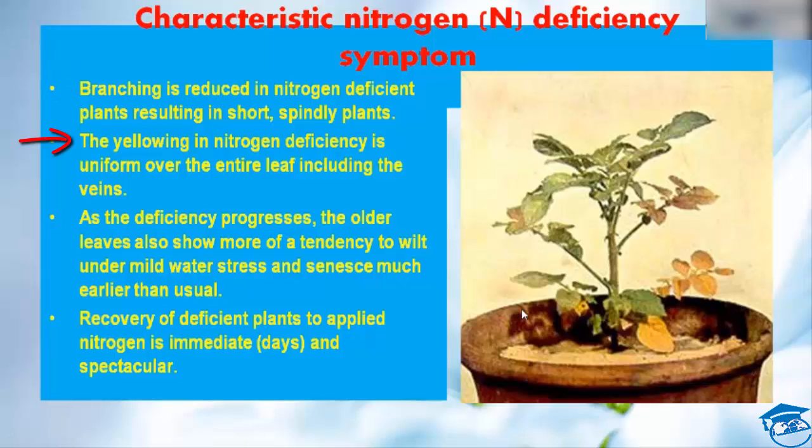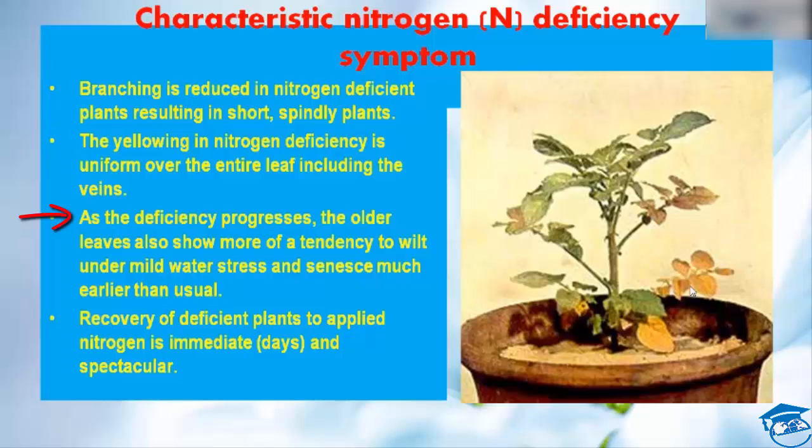The yellowing in nitrogen deficiency is uniform over the entire leaf including veins. See, these are the paler leaves. This is the later stage of nitrogen deficiency in which the entire leaf becomes yellow. That means chlorosis takes place, that means yellowing of leaf.